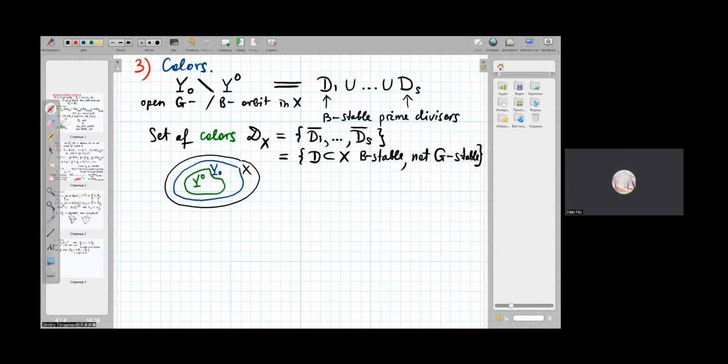A color is a divisor like this. It is in the complement of the open B orbit, but it should intersect the open G orbit. And for instance, this divisor is not a color. So this is not a color. And this is a color.